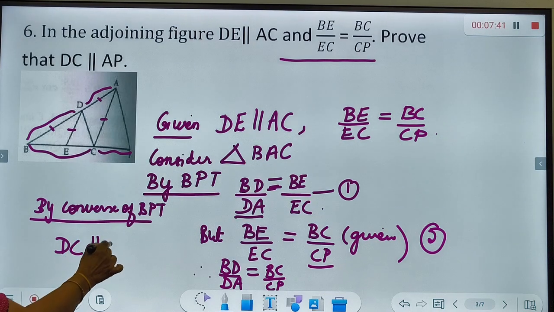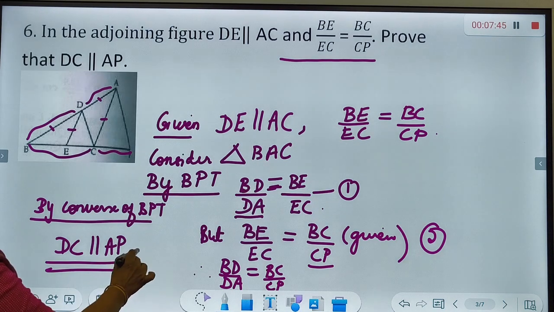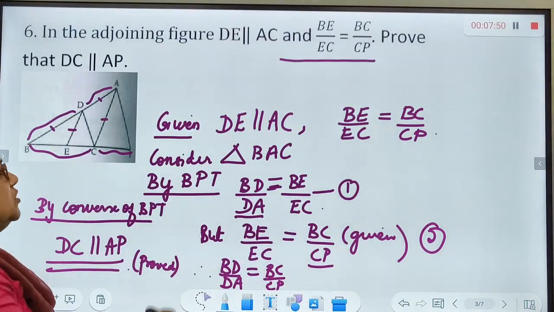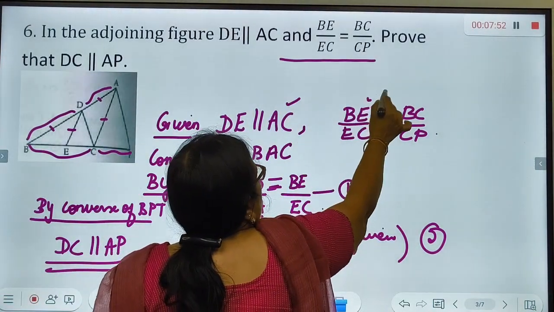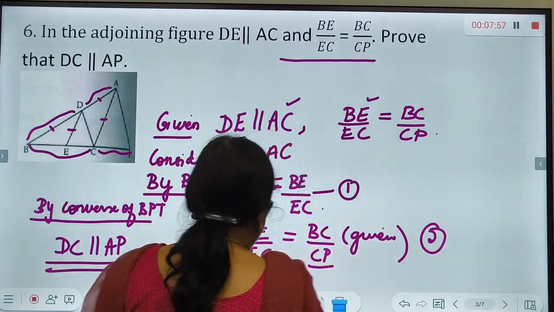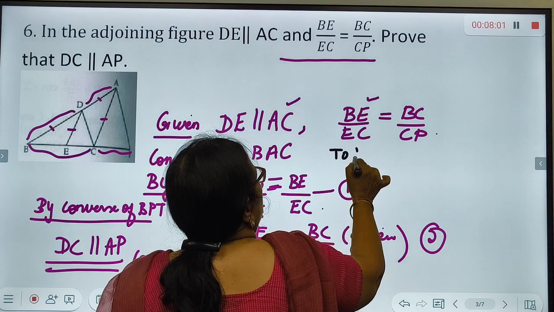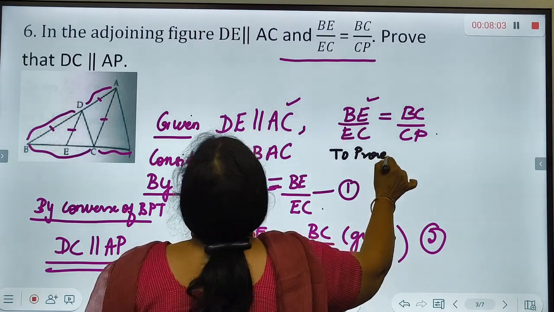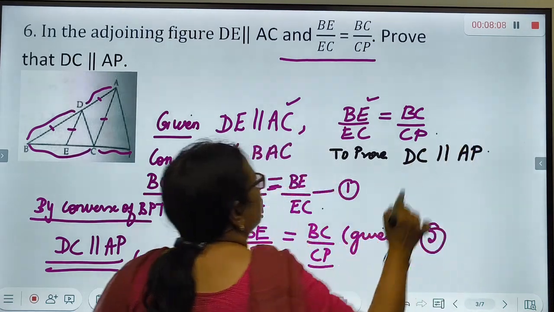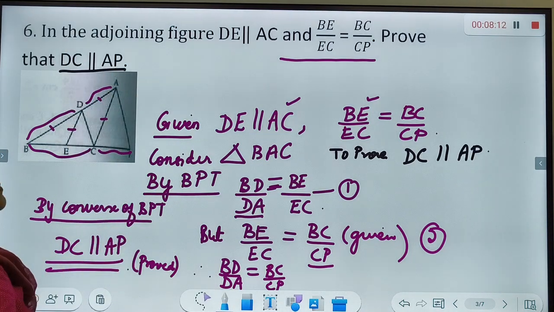DC is parallel to AP. Now we have proved the required result. So this is given to us. What is it that you need to prove? To prove DC is parallel to AP.